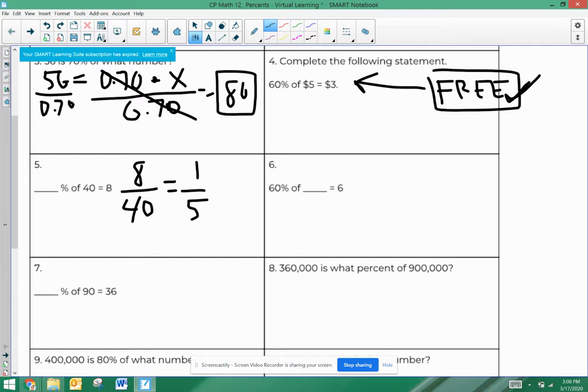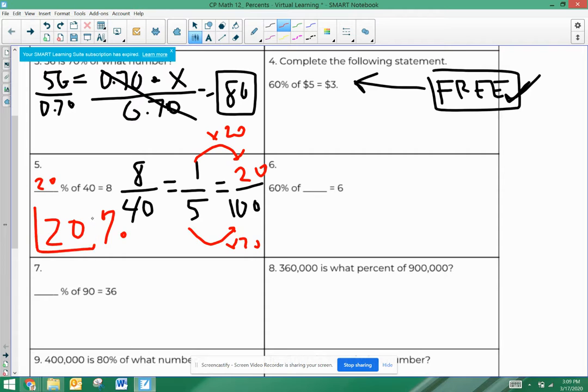And if I get 1/5 to be out of 100, multiplied by 20, multiplied by 20, and I have 20 over 100. So 20% of 40 equals 8. So you can do that another way. If you want to pause this video and do it another way and still get the same answer, totally good.